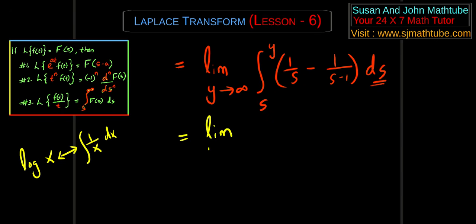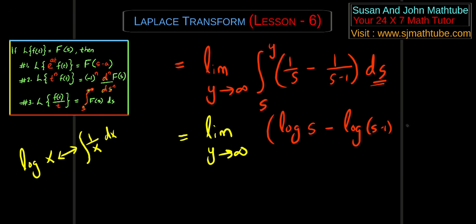So we get limit y tends to infinity, log s minus log of s minus 1, within the limits s to y. If you want, you can make it very clear. The variable of integration is s, so it is better to write s varies from s to y.